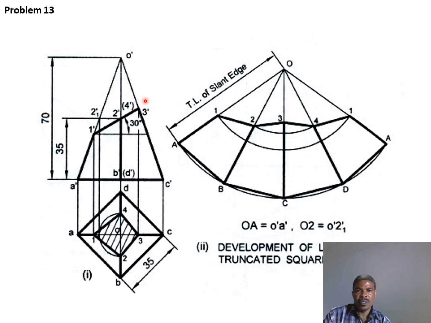So this line here forms the edge here, 70, because as you can see, OA is equal to O dash A dash. AO is equal to this.